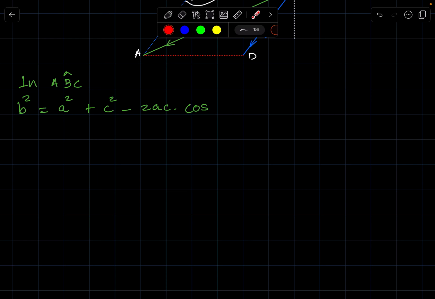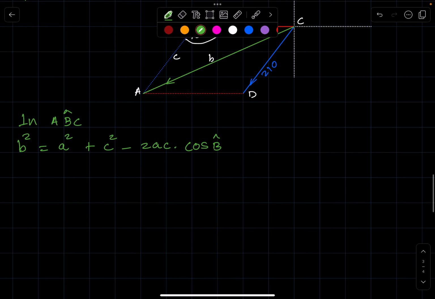The angle is determined by what you're looking for. Since you're looking for B, the angle is going to be angle B. That is essentially how you write down the cosine rule.